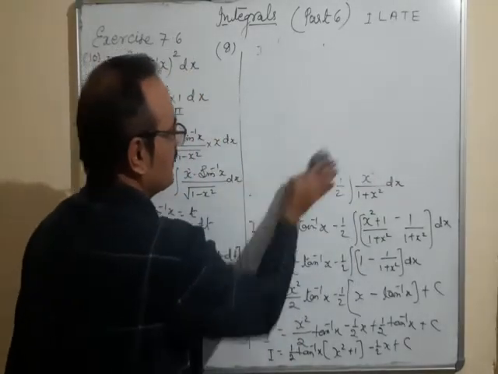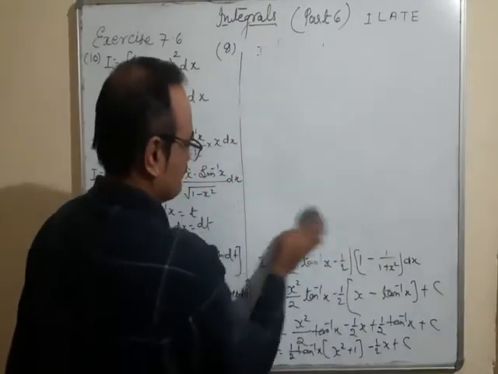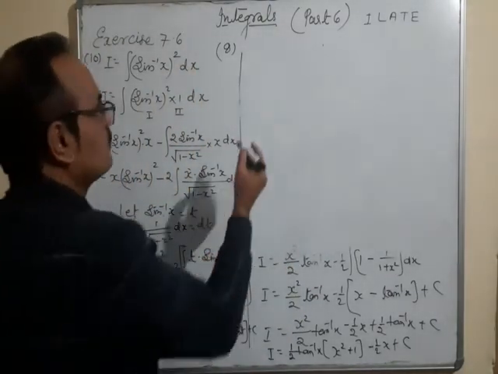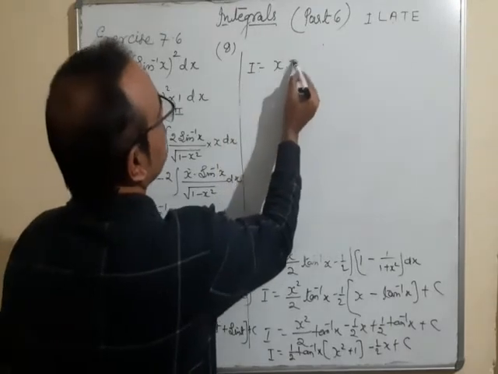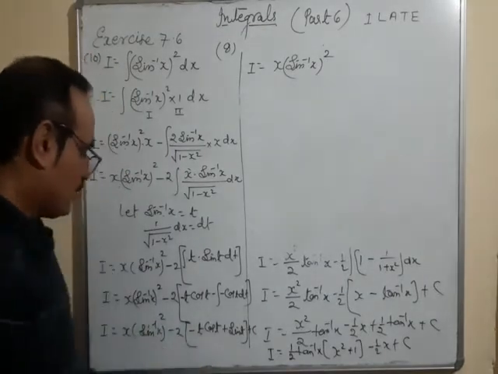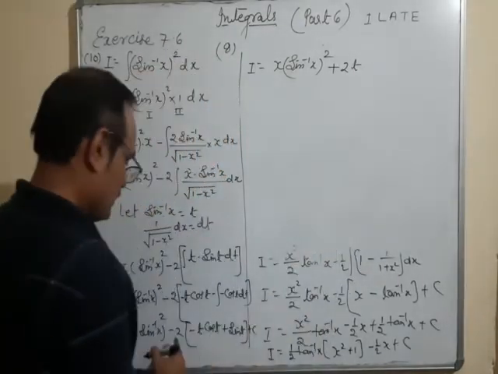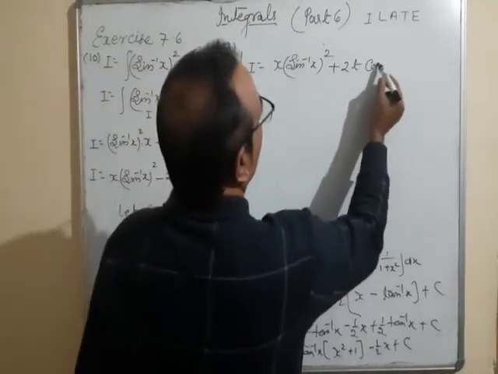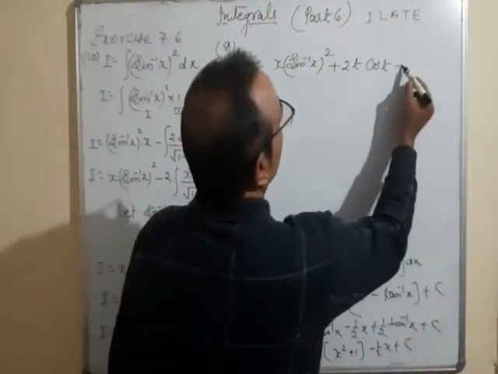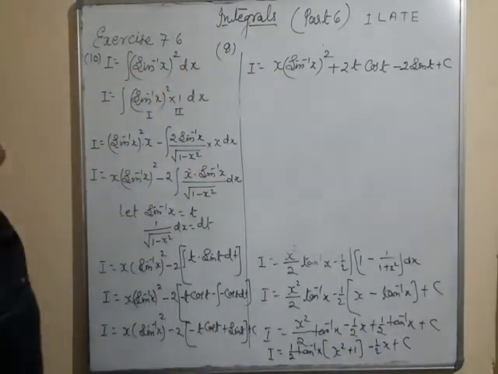So x (sin inverse x) whole square multiplied with minus 2 gives plus 2t cos t, and minus 2 sin t plus c.